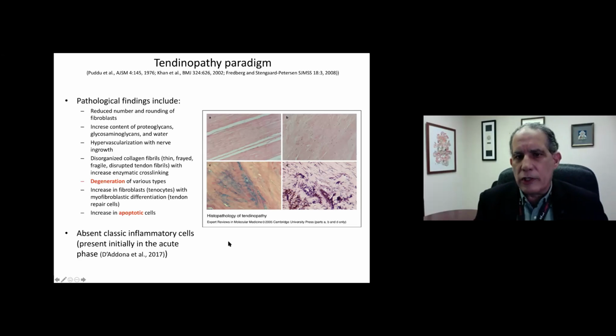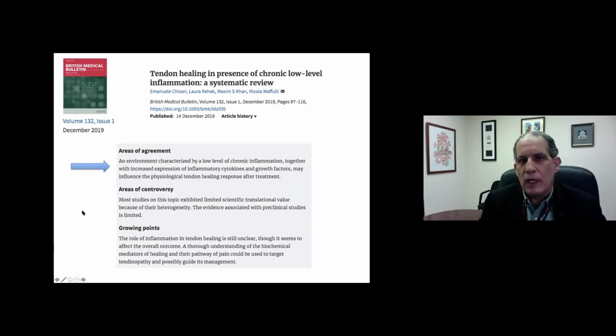Now, the concept that has been discussed in the last few years is that there is no classic inflammatory reaction to this. That concept, however, is under discussion. And here you see this paper, for example, by Dadona, arguing that there is an inflammatory reaction in the acute phase, early in the process.